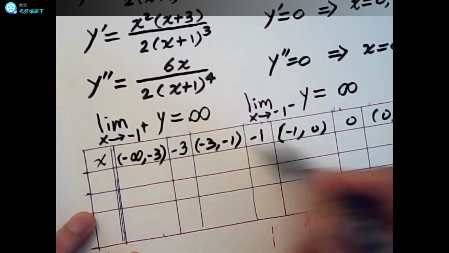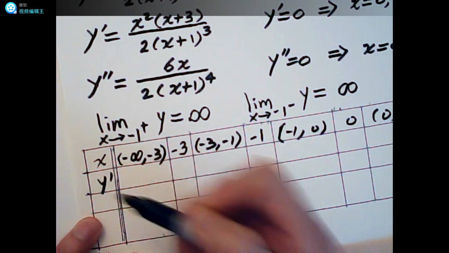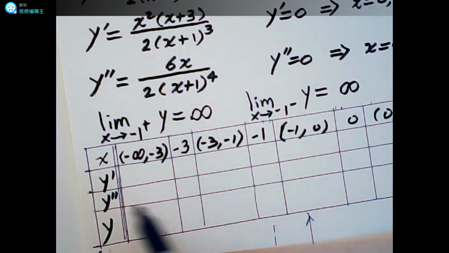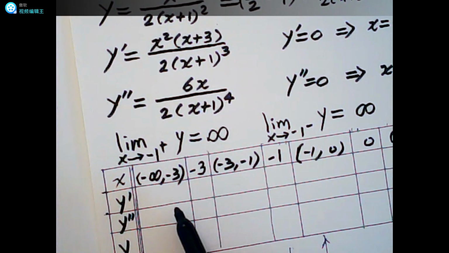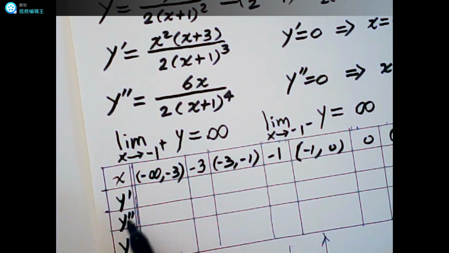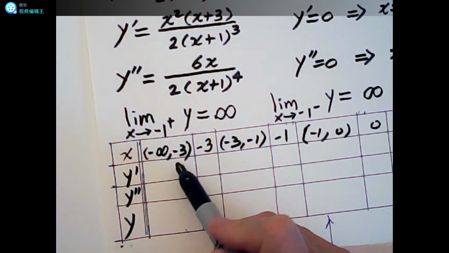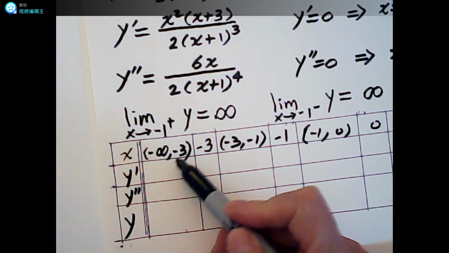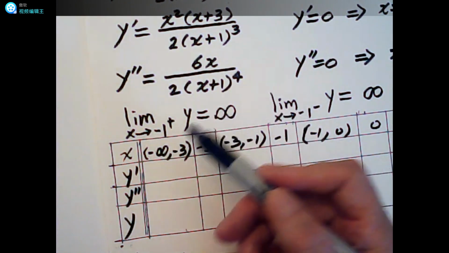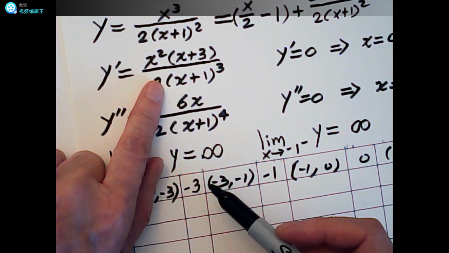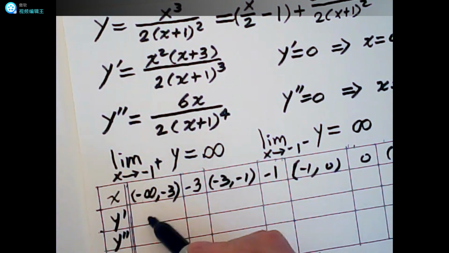So this line is x, then the derivative, second derivative, then y. Now we need to know the signs of the derivative in each interval. In this interval, I just pick a number, say minus 4, or minus 10, or minus a million, and put it into the derivative function. Then we get a positive.